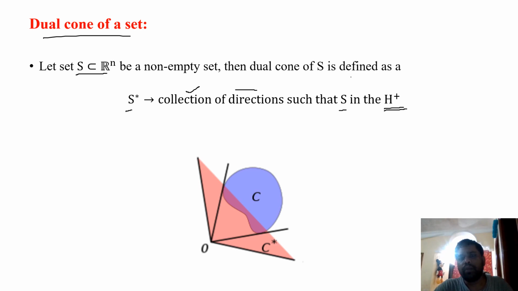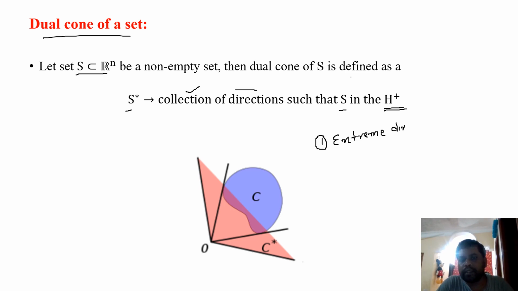Now, the algorithm for how to find a dual cone. First, find the extreme directions of the given set by considering the origin as a reference point. We need to find all possible extreme directions of set C. Here it has two directions.